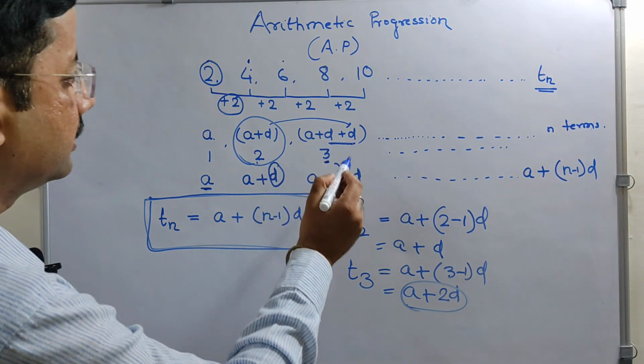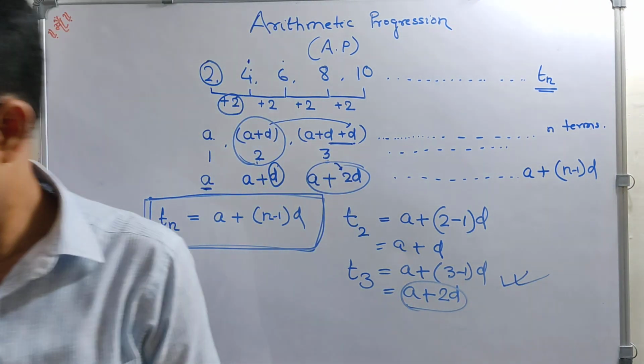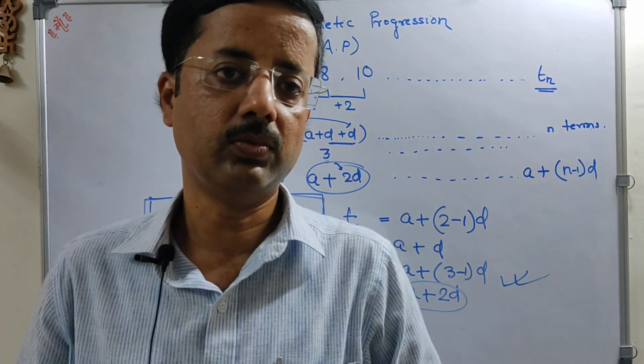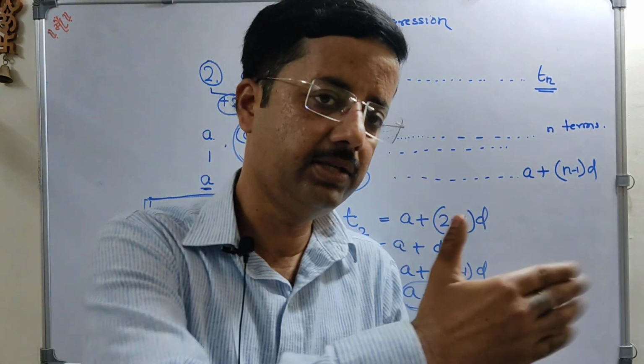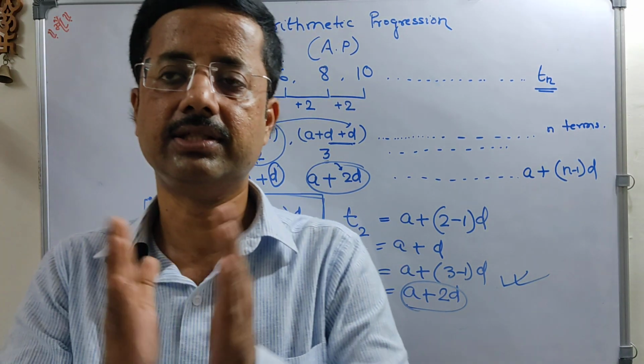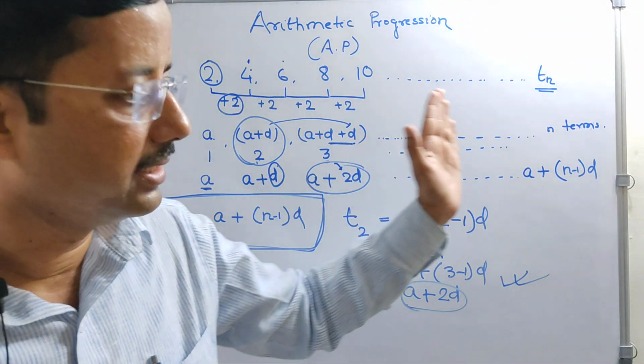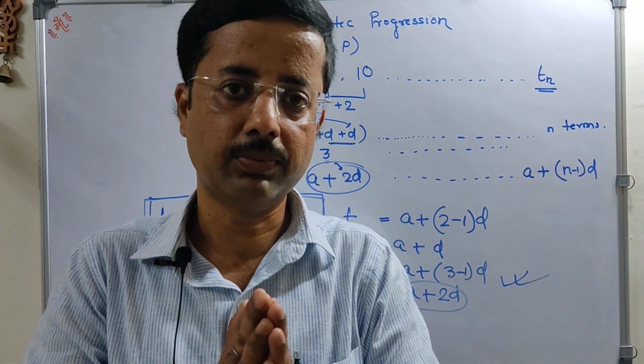This is the third term. So now we are in a position to find any term value without adding d repeatedly. This is the general formula for finding the value of the nth term of the arithmetic progression.